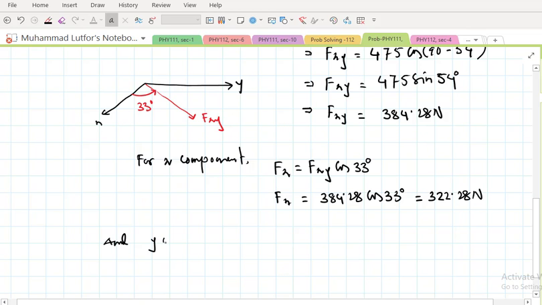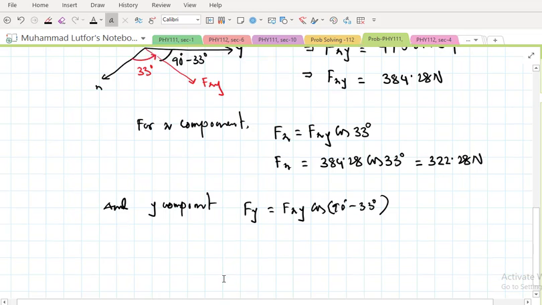And the y component, F y, would be F xy cos of 90 degrees minus 33 degrees, because that angle would be 90 minus 33 degrees, right?